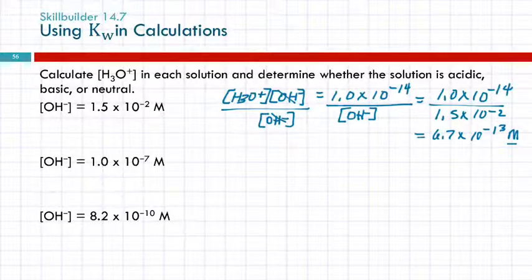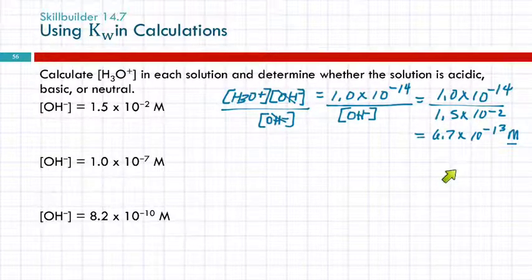So for the first one, we calculated the hydronium ion concentration. And the other question is, is the solution acidic, basic, or neutral? In an acidic solution, the hydronium ion concentration is bigger. In a basic solution, the hydroxide ion concentration is bigger. In a neutral solution, they're equal.